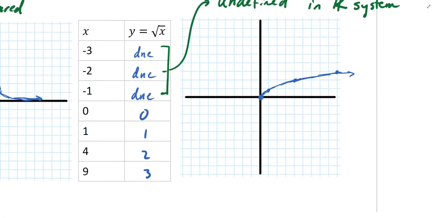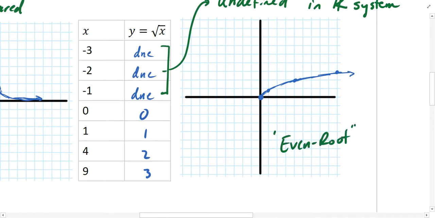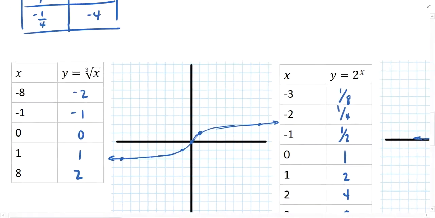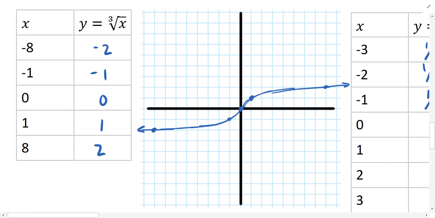This graph I'm going to call an even root graph. In this particular case, our root, or our index of our root, is 2, but any even number will behave essentially the same way. The next graph beneath it we'll call an odd root graph.